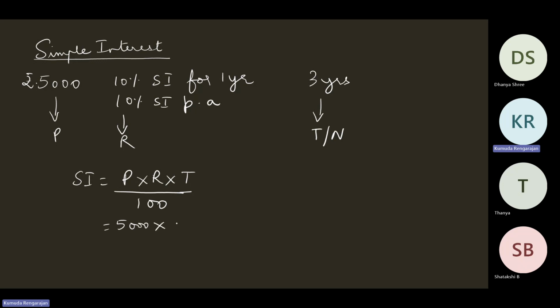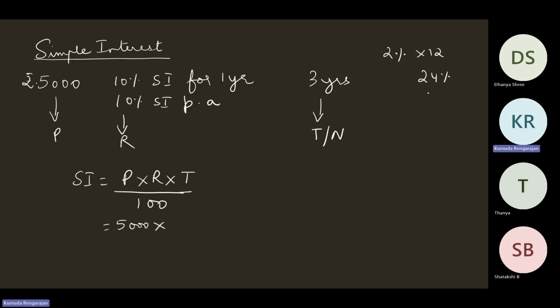Rate should always be substituted for 1 year. If supposing monthly interest is given, say the bank gives you 2% monthly interest, that means 2 into 12. Per month the interest is 2%, so for the year, into 12, 24% interest per annum.